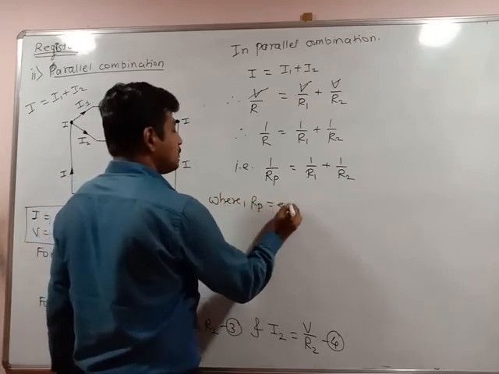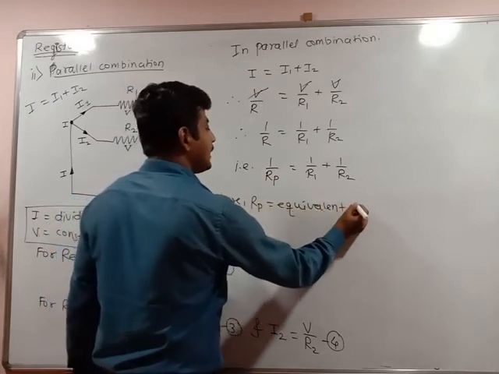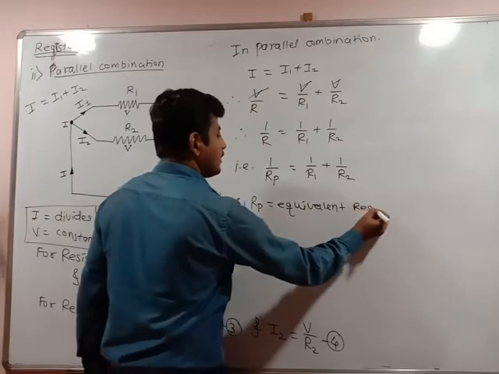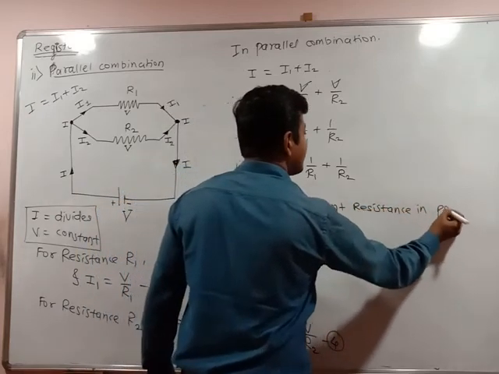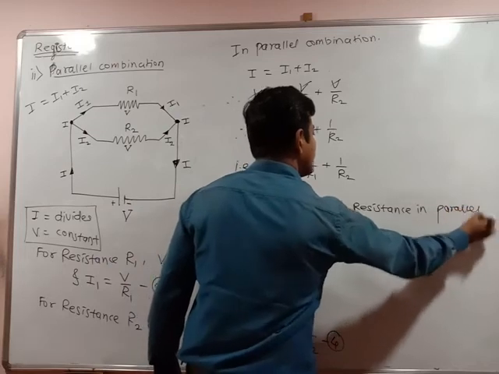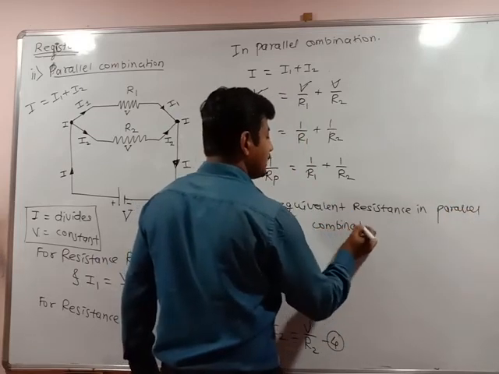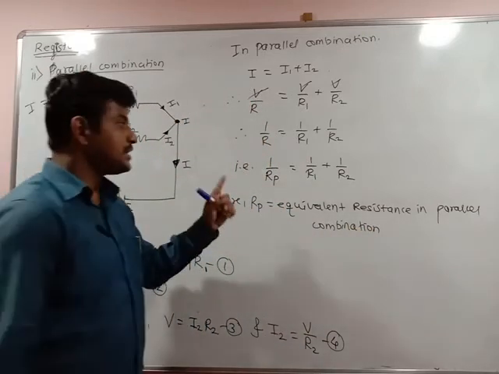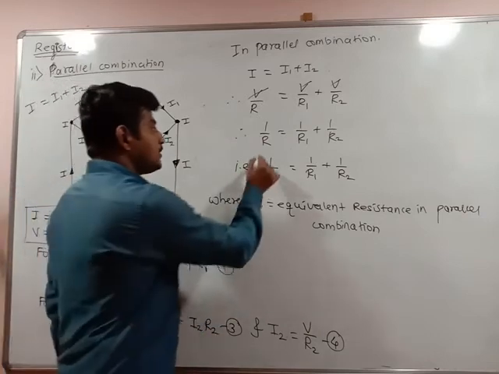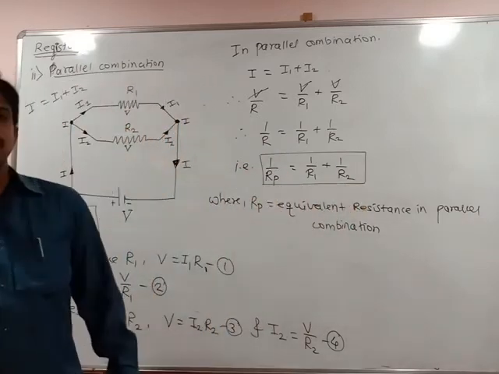Rp is equal to the equivalent or total resistance. Equivalent resistance in parallel combination. Is it clear? Equivalent resistance in a parallel combination. So this is 1 upon Rp is equal to 1 upon R1 plus 1 upon R2.